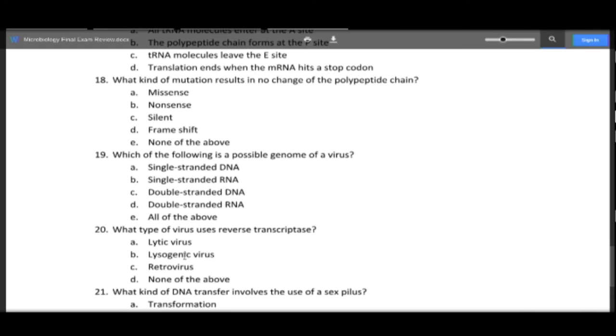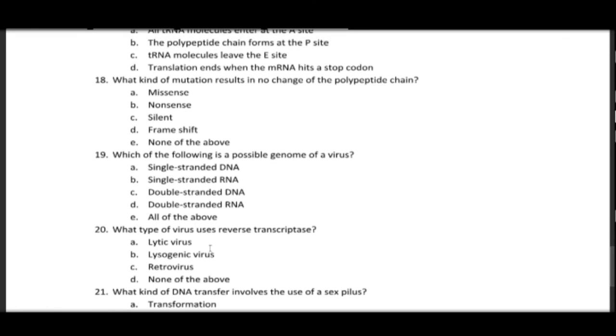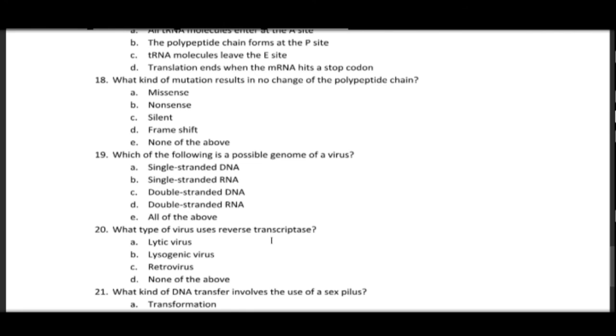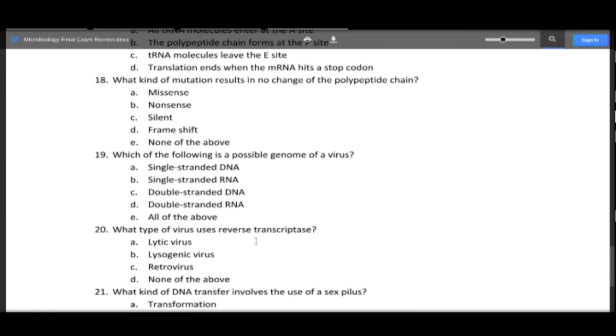A lysogenic virus is going to lyse a cell. It's going to produce more viruses and then break open the cell and kill it. They can also go straight through the pathway and kill the host right away. But this doesn't really say anything about taking something that's RNA and creating DNA from it.